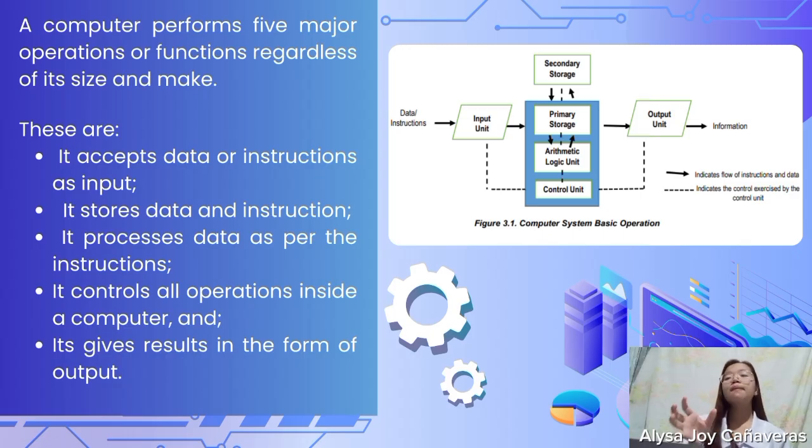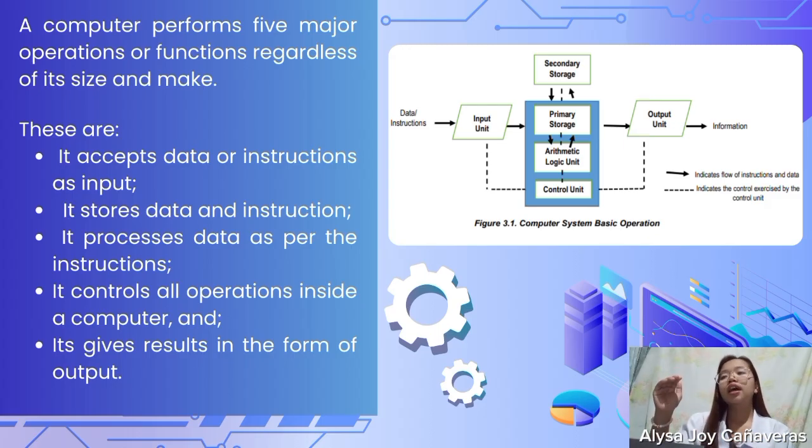In the image right here is the flow of how a computer system operates. There is an input unit, the secondary storage, and the output unit. The broken lines indicate the control exercised by the control unit, and the arrows indicate the flow of instructions and data.